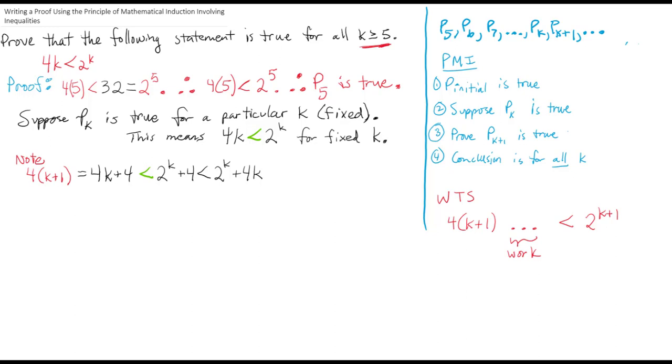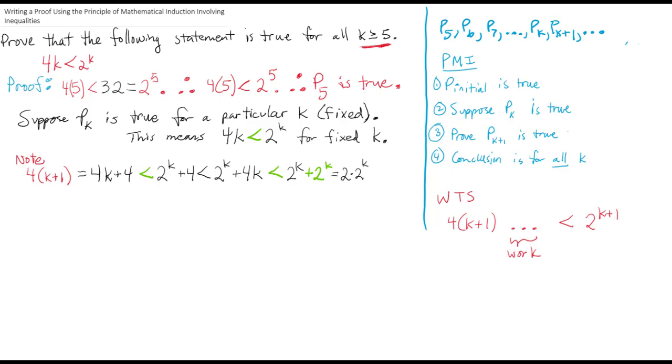Well, why don't we use the less than assumption again? So now we know this is less than something. That's in fact less than 2 to the k plus another 2 to the k. That's pretty cool. Well, that's just like terms, and we have two of those: 2 times 2 to the k power.